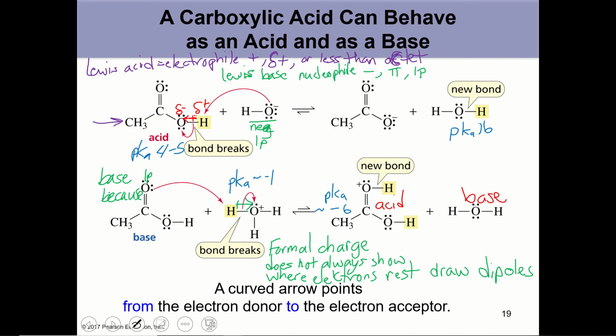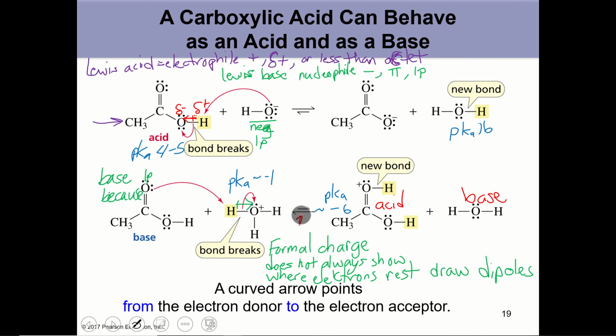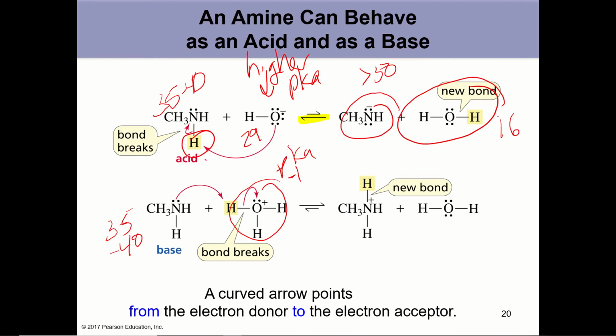Therefore, the reaction should favor the side with the higher pKa, and in this case, that is the reactants on the right are favored. And your book correctly just indicates that with the reaction arrow given. Okay. Too much writing. I'm going to erase all of this and we're going to start over.